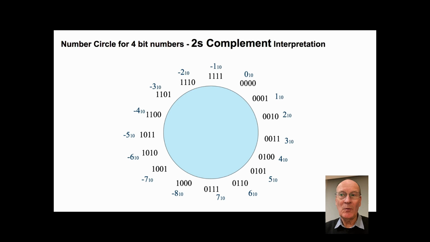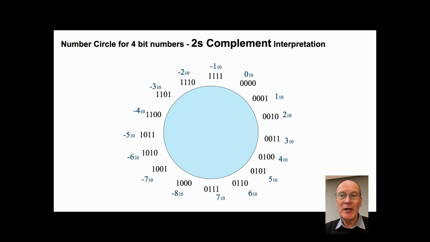And we get the pattern 1, 1, 1, 1, which if you look at our circle is the representation for -1. So that's the pattern. To convert from positive to negative or negative to positive, you take the pattern you've got and complement all the bits. Wherever you see a 0, you put a 1. Wherever you see a 1, you put a 0. And then you add 1 to the result.